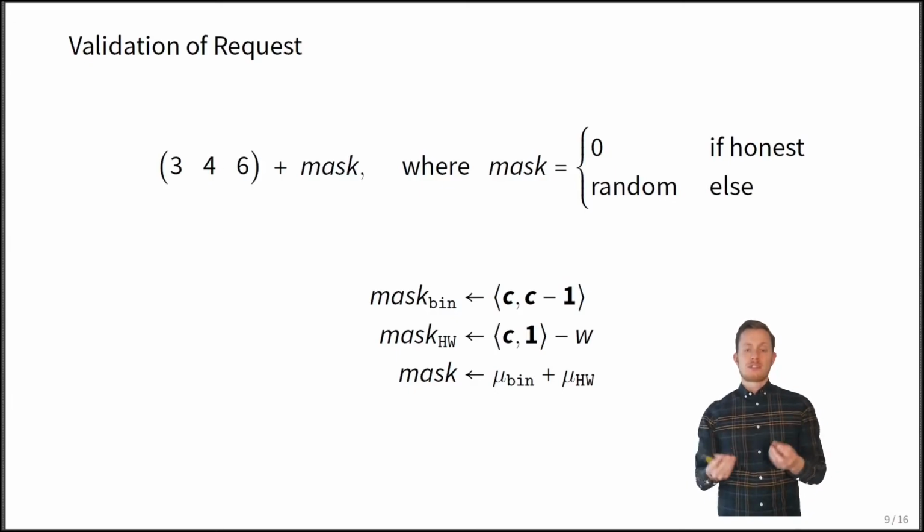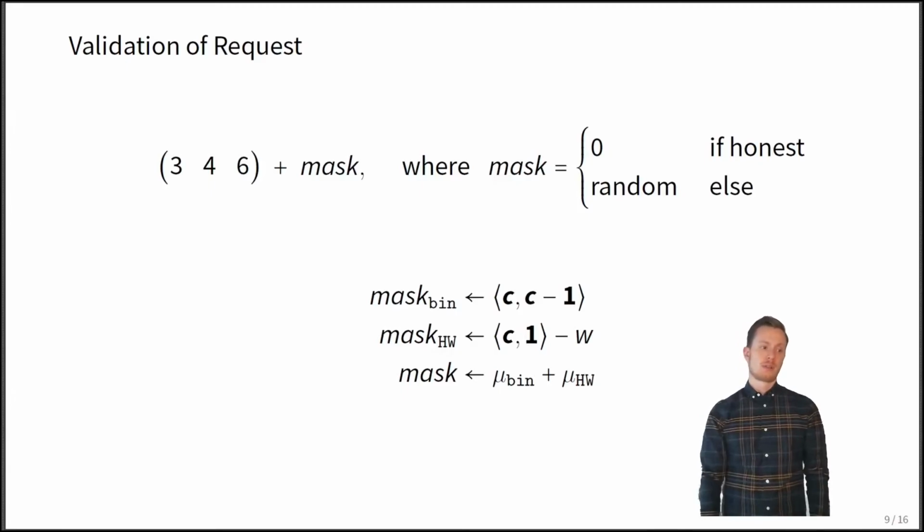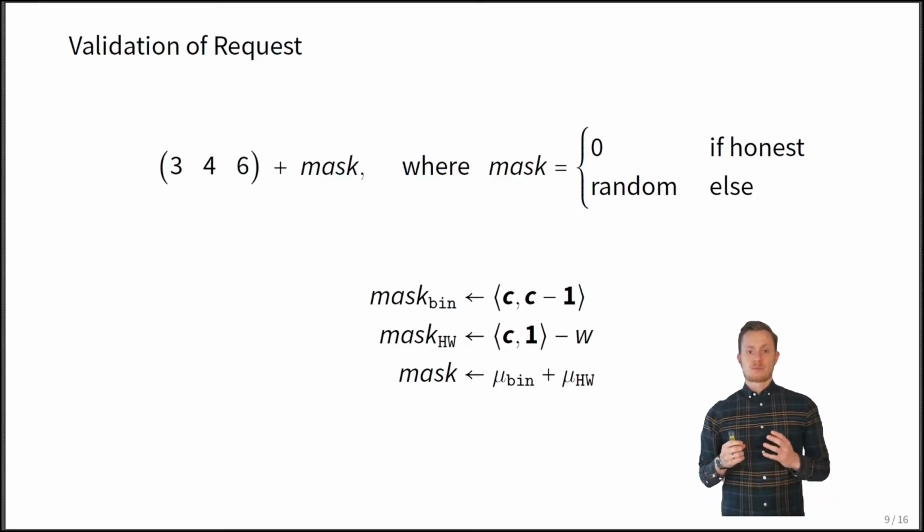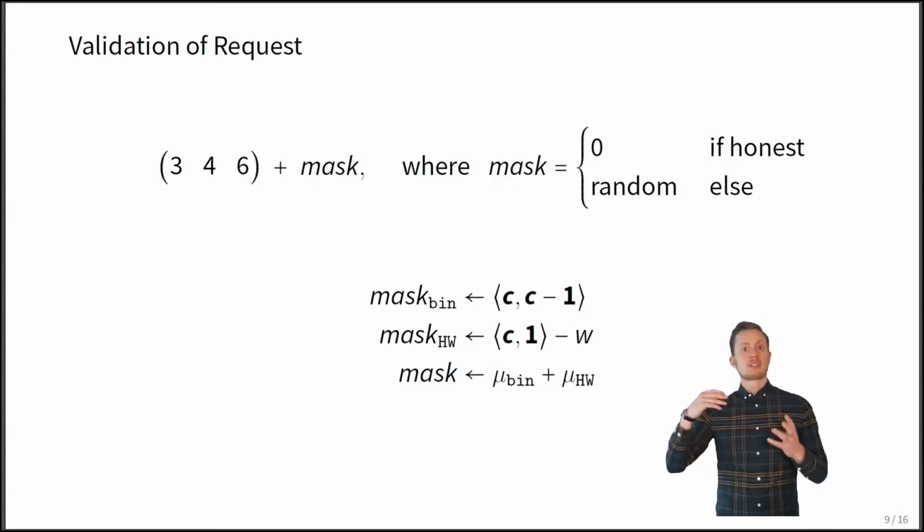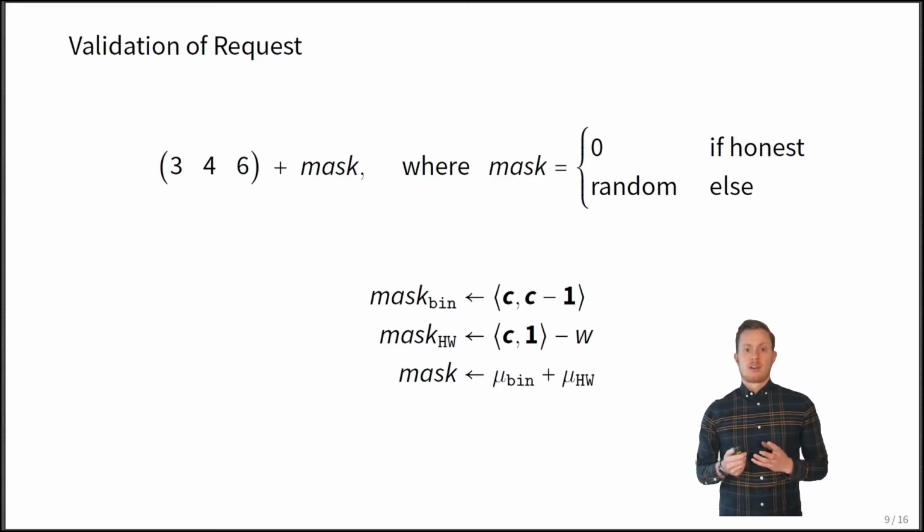With more sophisticated methods, we were able to have a statistical security of 2 to the minus 58, which is considered to be very secure.